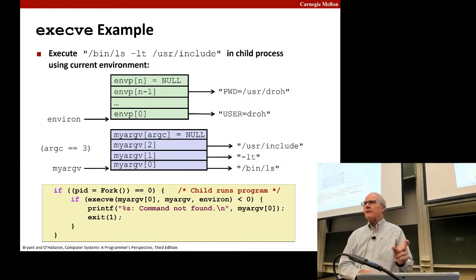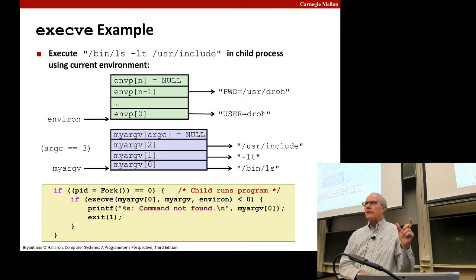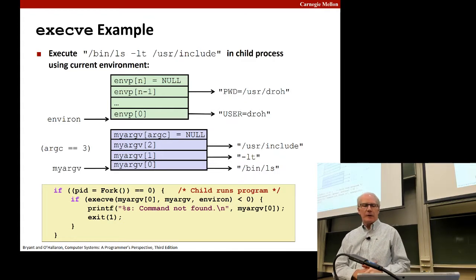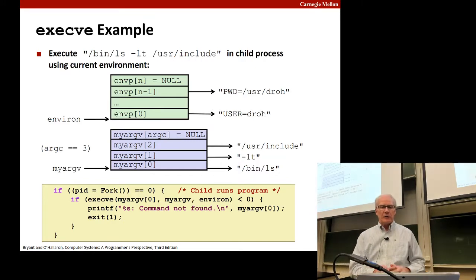For every one of those commands, there's actually an executable file that implements that command. And it's generally in the directory /bin/ followed by the name of that command. So by saying I want to execute the program that's stored in /bin/ls, that's just a way of saying I want to call the ls command.